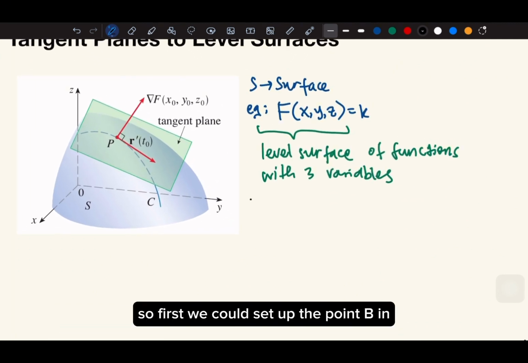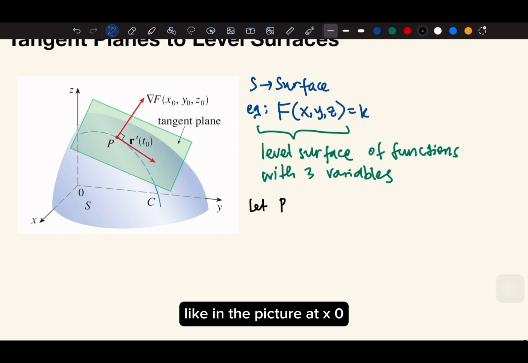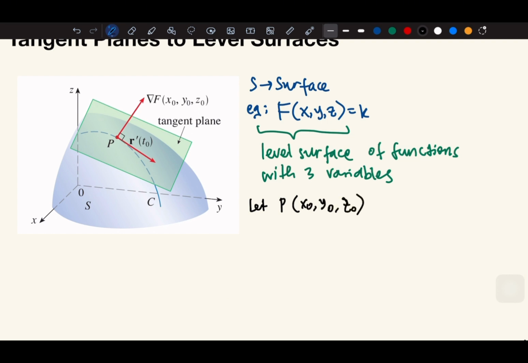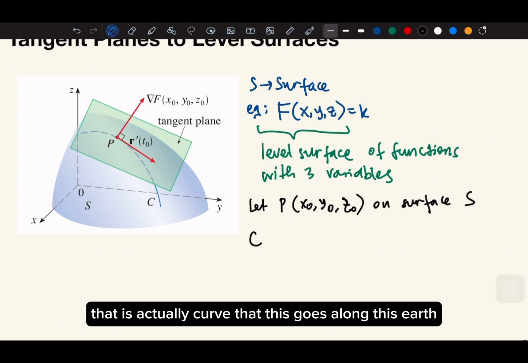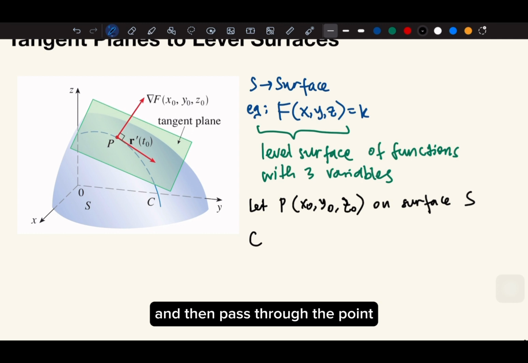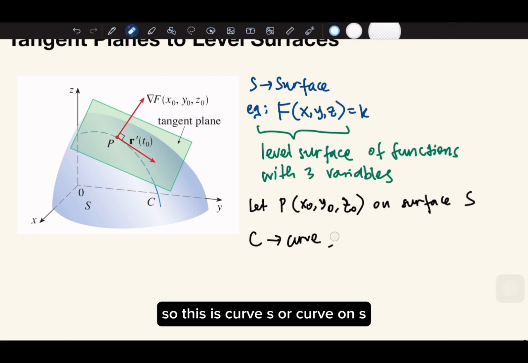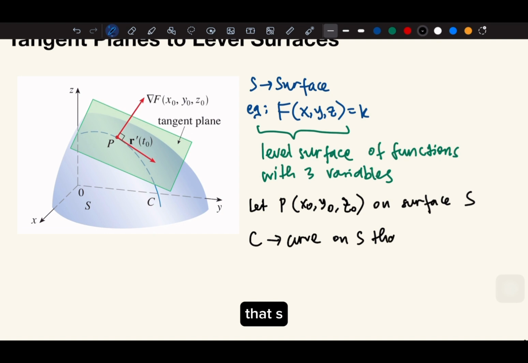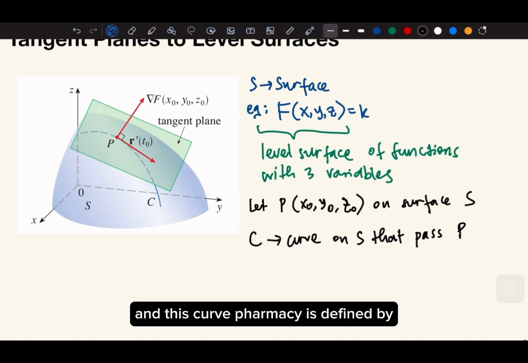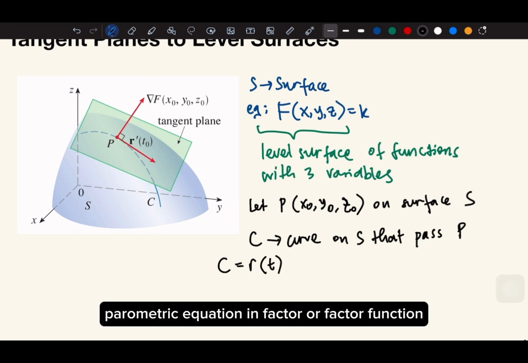So first, we set up the point P in the picture at x0, y0, z0, on the surface S. Then we set up C, the curve that goes along the surface and passes through the point P. So this is a curve on S that passes through P. This curve C is defined by a parametric equation, a vector function.